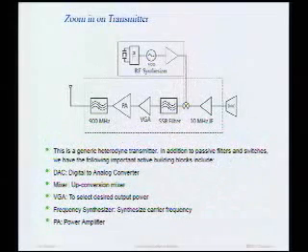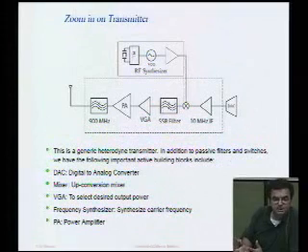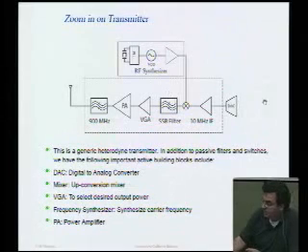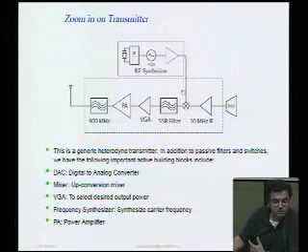Okay, a transmitter is a dual of a receiver, but it's very different. The kinds of constraints that you have when you build a transmitter are very different. In particular, a generic transmitter starts out with some digital bits, converts them into analog signals, and multiplies them by a local oscillator, which is generated by the synthesizer that we just discussed.